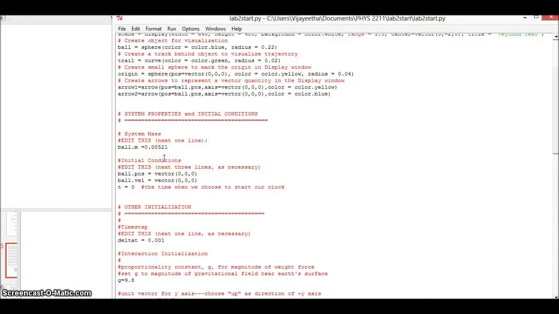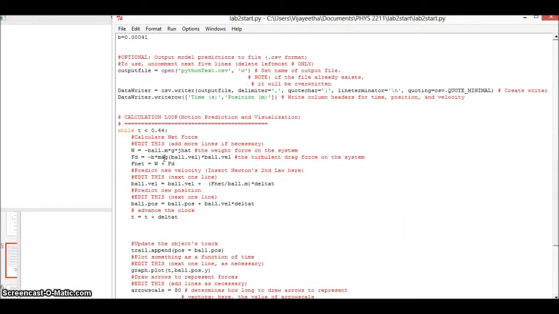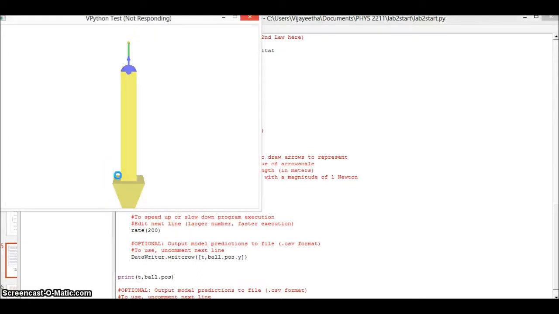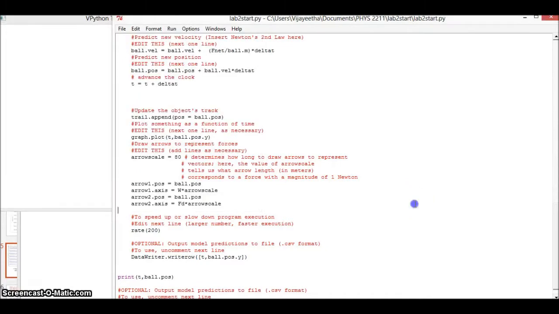I calculated a length of 4 meters over 0.05 newtons, calculated from the weight of the ball, and I got an arrow scale of 20 meters per newton. So when I put that arrow scale in, here's arrow 1, here's arrow 2 for the weight and the drag force, and this is why it becomes such a small arrow compared to the gravity arrow.